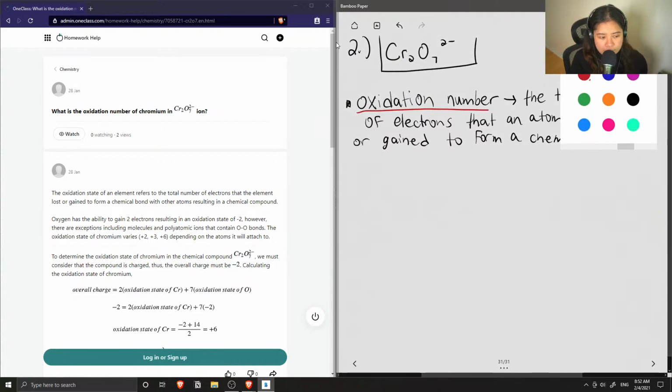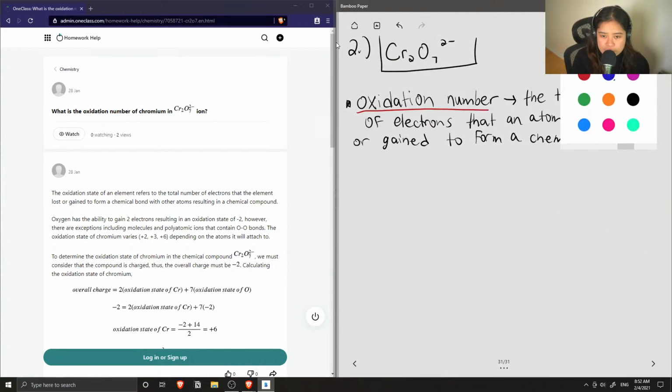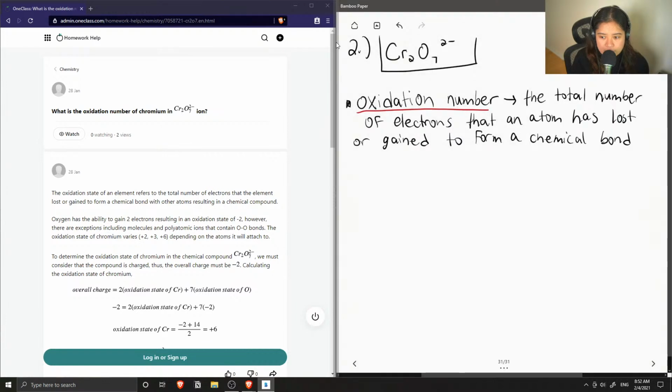There are certain rules when calculating the oxidation number.